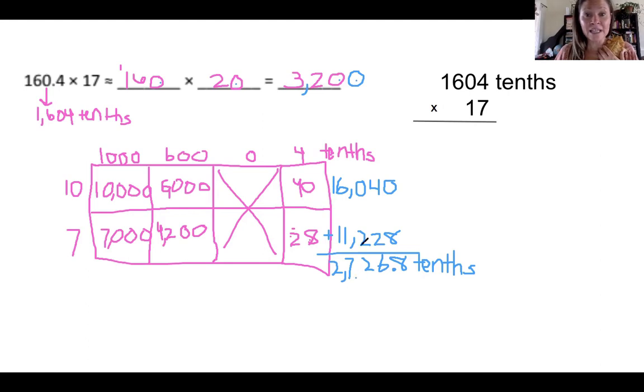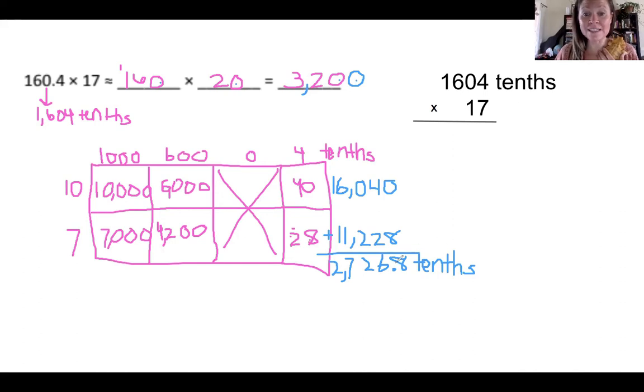Okay, hang on, I've got to get rid of this here. And let's go back to over here. Now we still have to work out our standard algorithm. We're still working with 1,604 tenths.